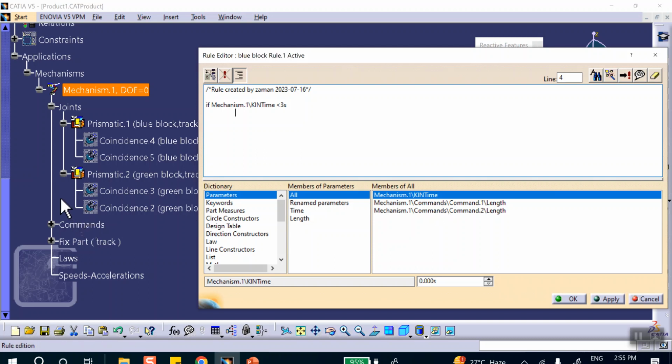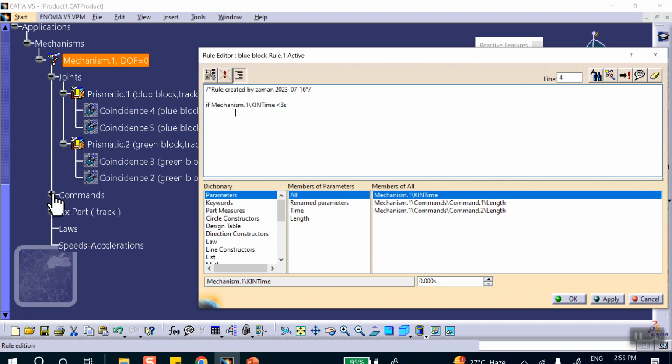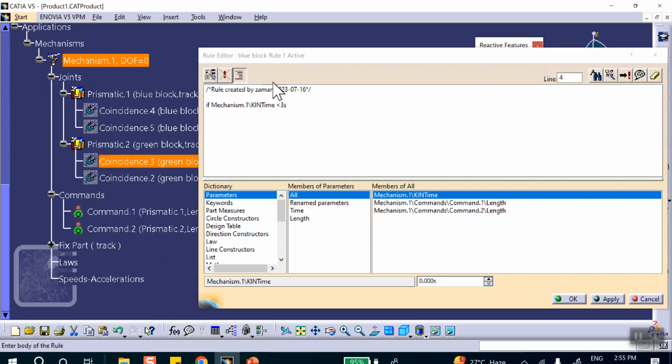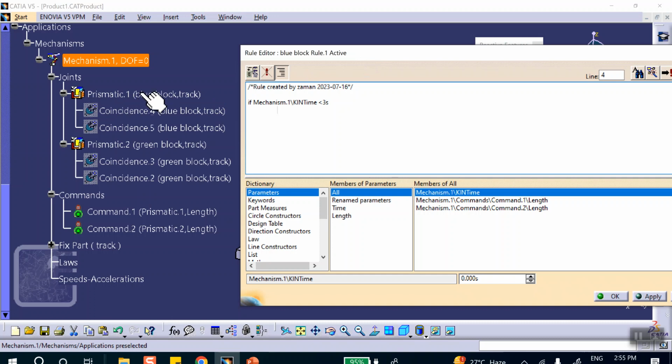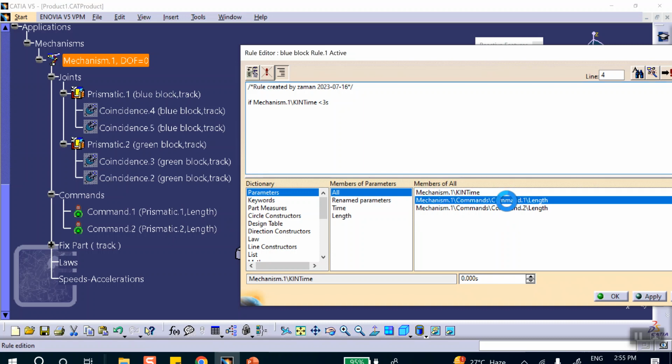The question is, which one was command 1? The blue one must have been command 1, because I made these length driven in that order. So blue one is command 1. It's equal to 0 inches. Do not forget to put 0 in there.